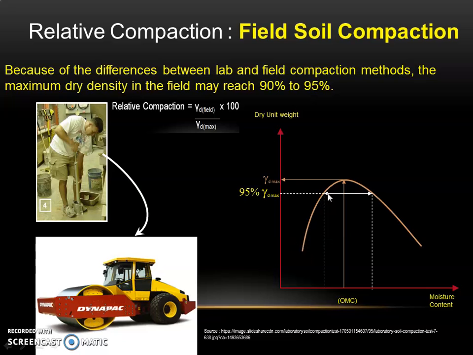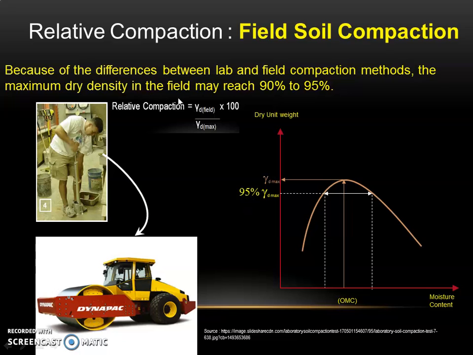Here we can see a compaction curve which is drawn for the results obtained by lab test. This point indicates maximum dry unit weight, and in field we can achieve maximum dry unit weight up to 95% of this value.